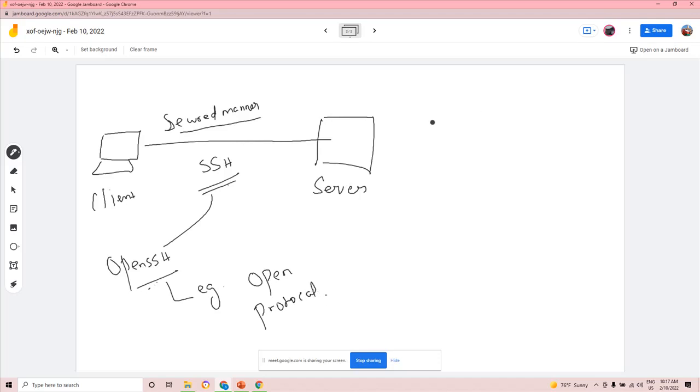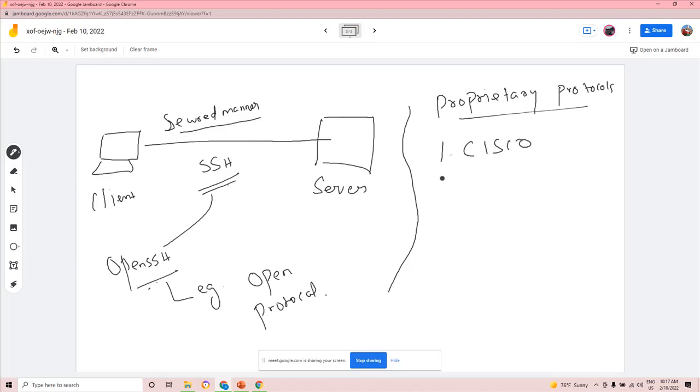Similarly, please understand there are many protocols. Unlike open protocols, there are proprietary protocols. Proprietary protocols means the protocols which belong to Cisco, or Microsoft.